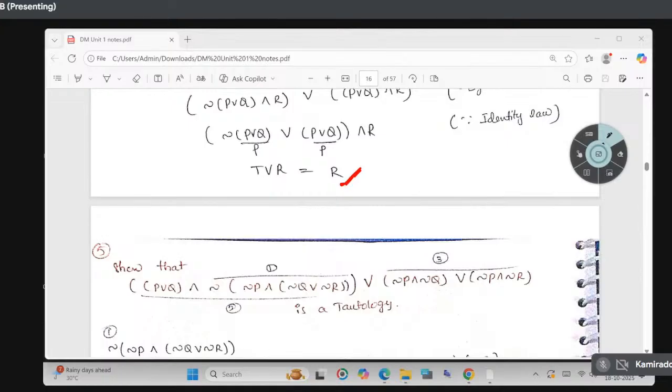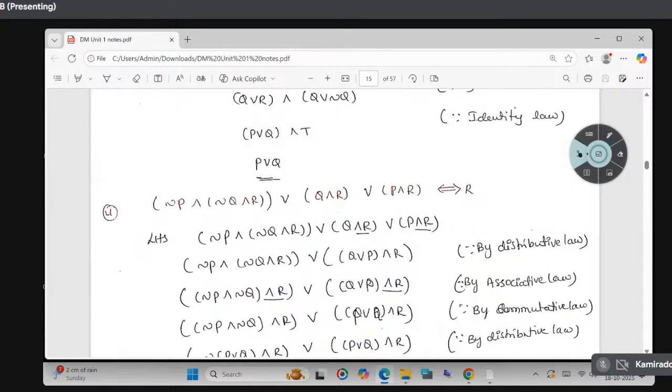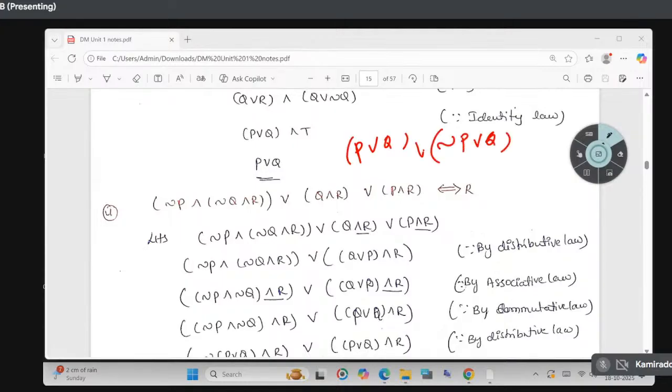Okay, so when you have three values P, Q, R, and two values are already given in negative, that is, negation P is given, negation Q is also given, right? So what is our intention? Make these two values P or Q, and negation P or Q. So we have to get these values.